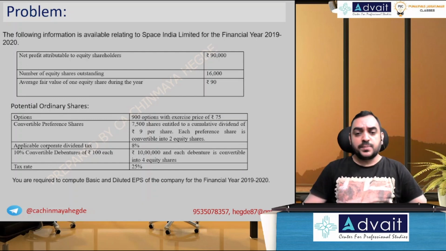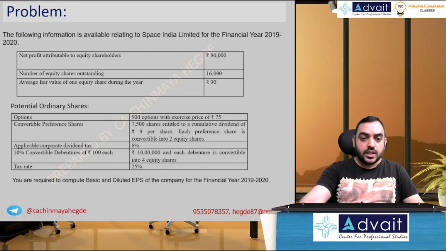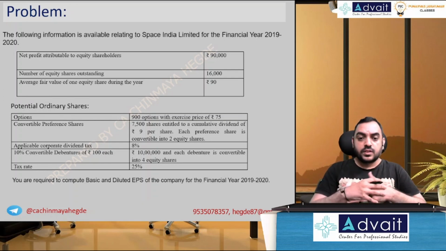Okay, so let us take up this exam problem, number 2020. The following information is available relating to Space India Limited for the financial year 1920: net profit attributable to equity shareholders, number of equity shares outstanding, average fair value of one share during the year. Potential ordinary shares: 900 options with exercise price of 75.